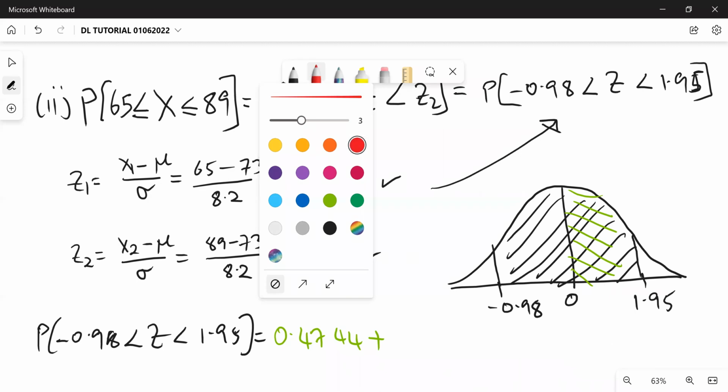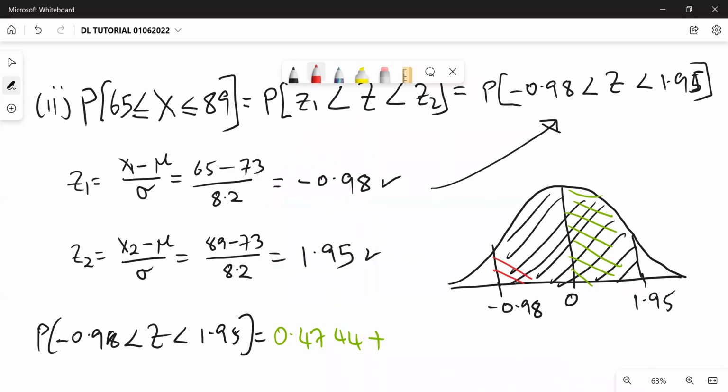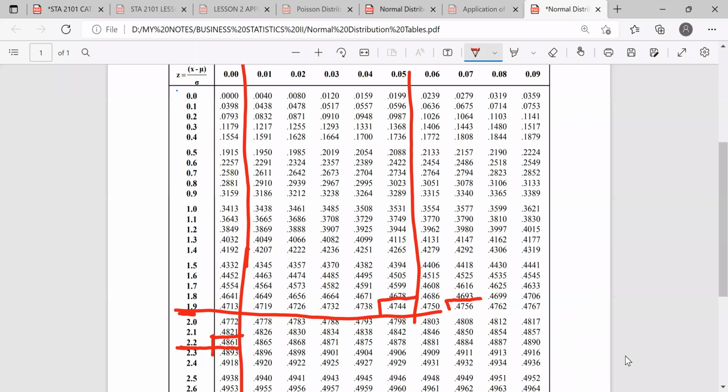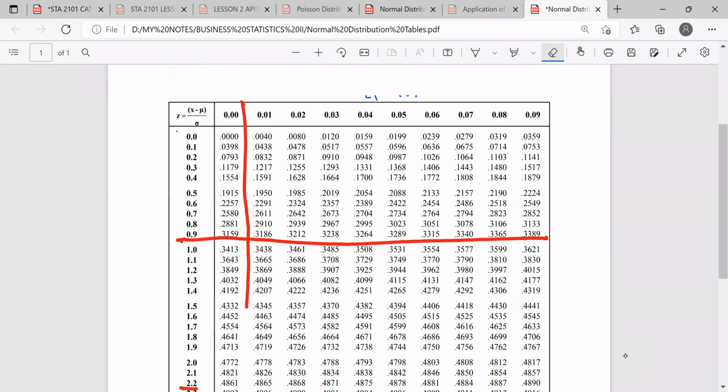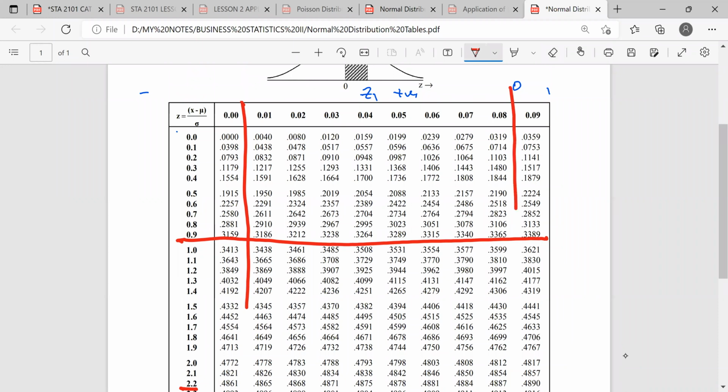In the area below, I'm using the property of symmetry. I will assume this is a positive 0.98 and read the area corresponding to 0.98. So 0.9 is here. Let me remove these lines. 0.9 is there, then 8 is there.